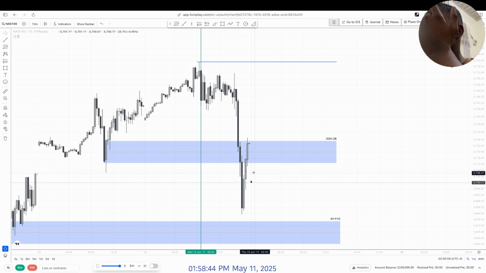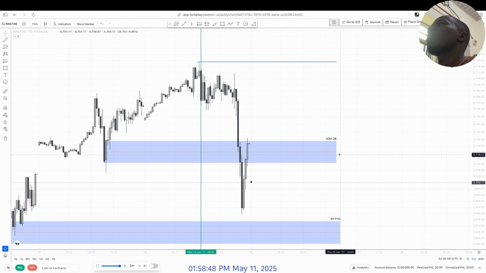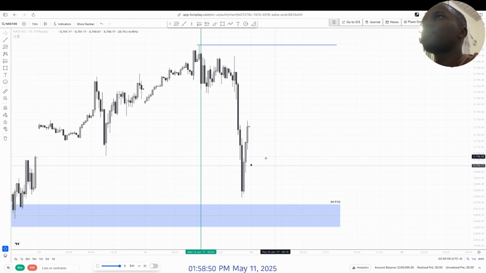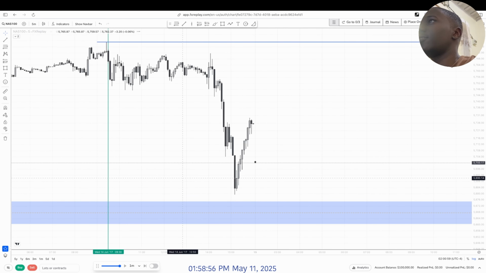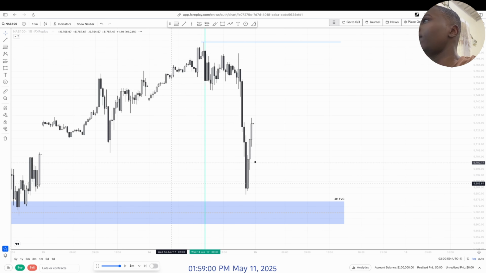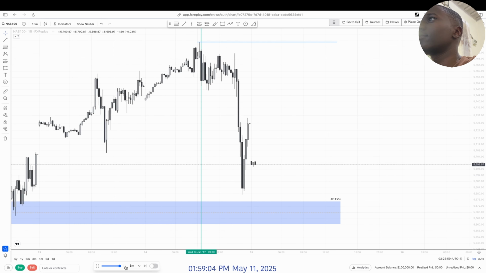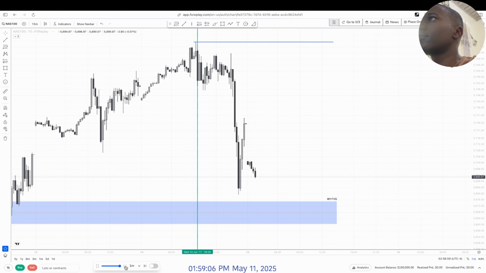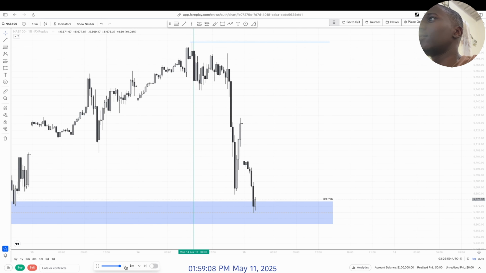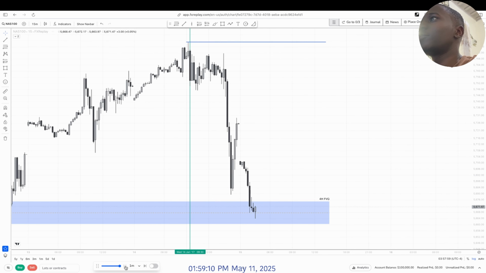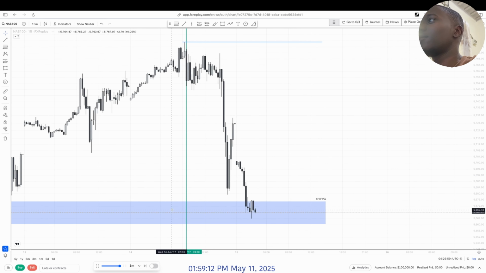So you can expect now to push, fill the midpoint, and then continue higher. 30-minute order block not respected. A sweep right here. 5-minute clear bias. So we continue to drop into the 4-hour fair value gap now.